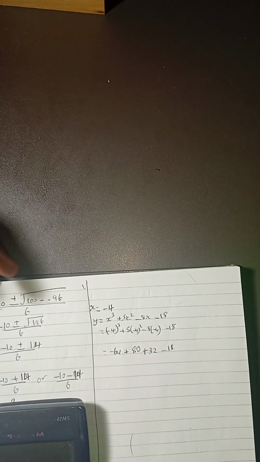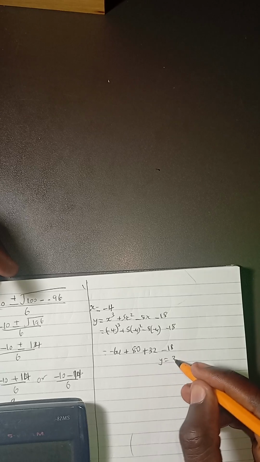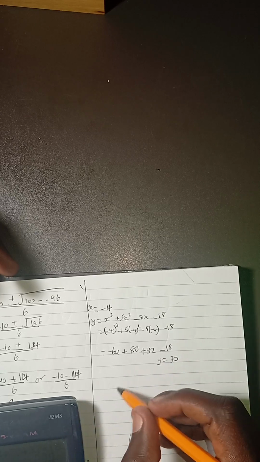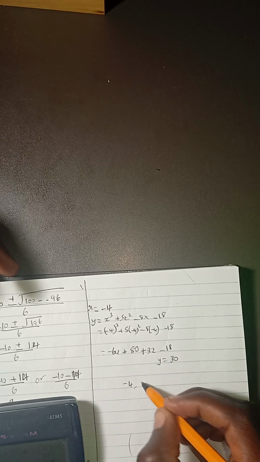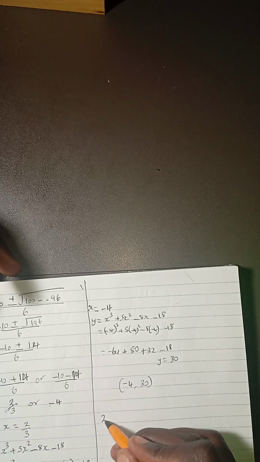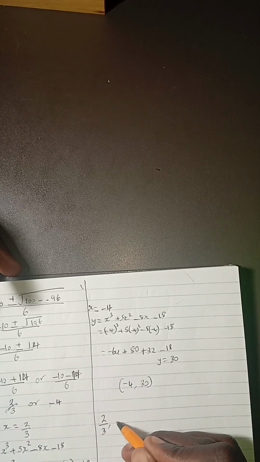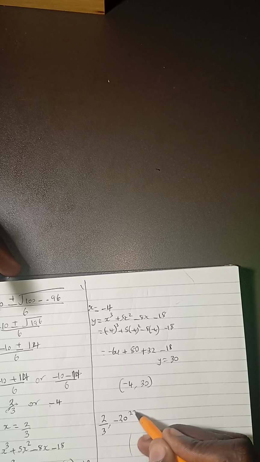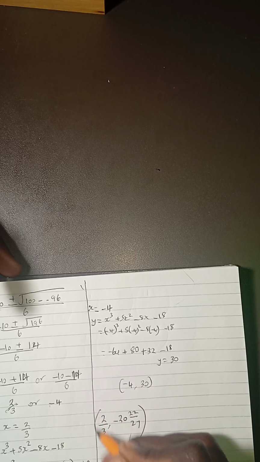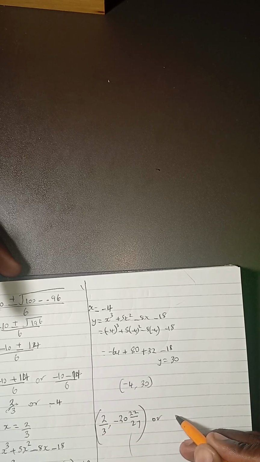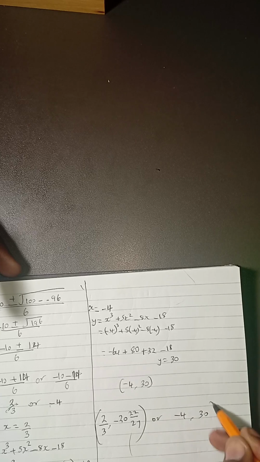So y is equal to 30. So it is negative 4, 30. So our coordinates are 2 over 3, negative 20, 22 over 27, or negative 4, 30.